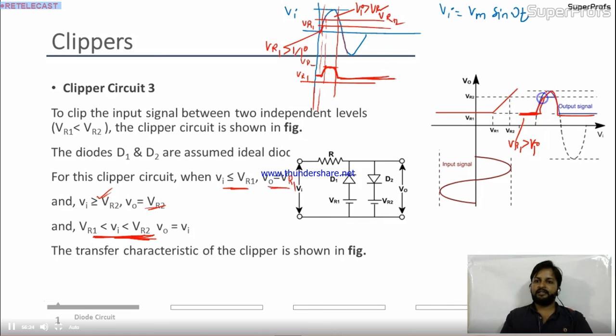And the second condition, Vi should be greater than VR2. In that case, you are getting only VR2, and in the remaining region, you are getting input. So this is your waveform. I hope it's very clear to you. This is what the clipper circuit is all about.